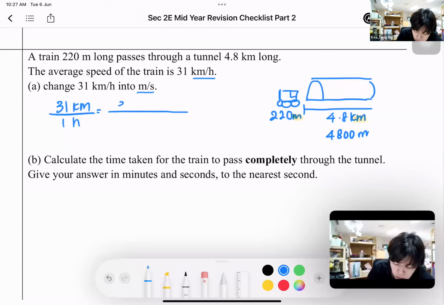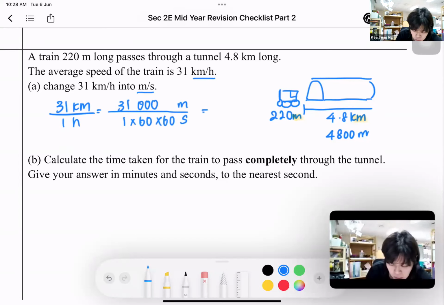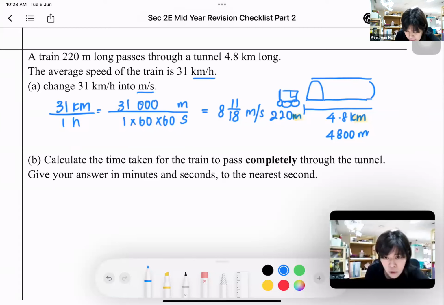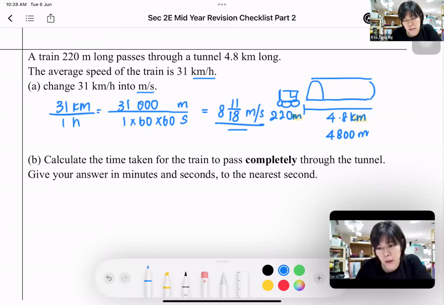So times 1,000 to change to meters. 1 hour has 60 minutes, 60 seconds. So I have 31 over 3,600. My answer is not a nice number, so I'm going to use a fraction for the exact value, as accurate as possible.